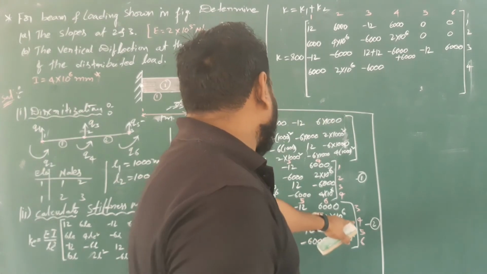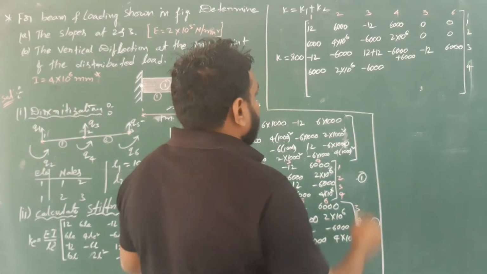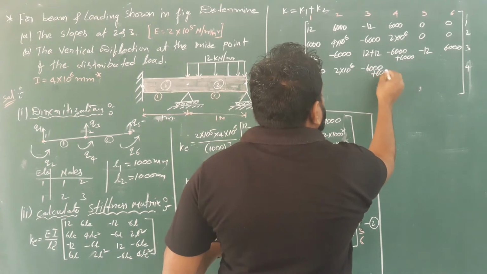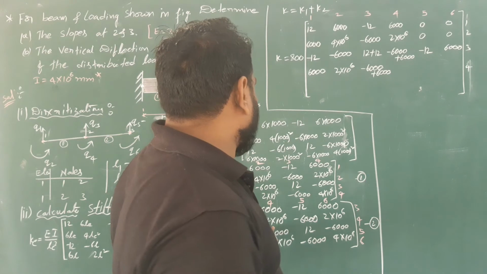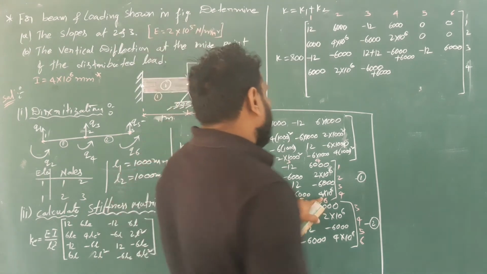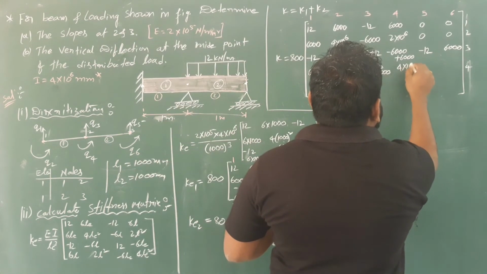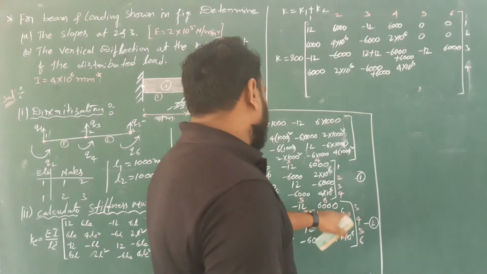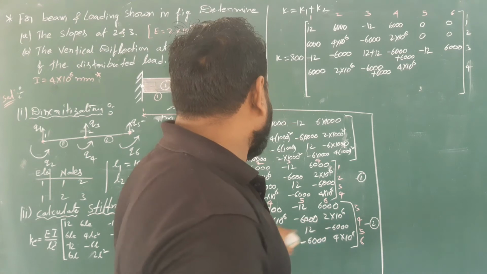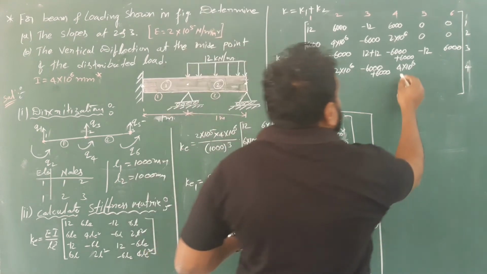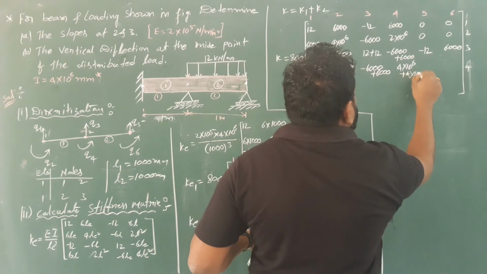But here also one is there. That is plus 6,000. Next, fourth row, fourth column is 4 into 10 to the power of 6. Here one component is there, and here also another component. Fourth column is 4 into 10 to the power of 6 plus 4 into 10 to the power of 6.